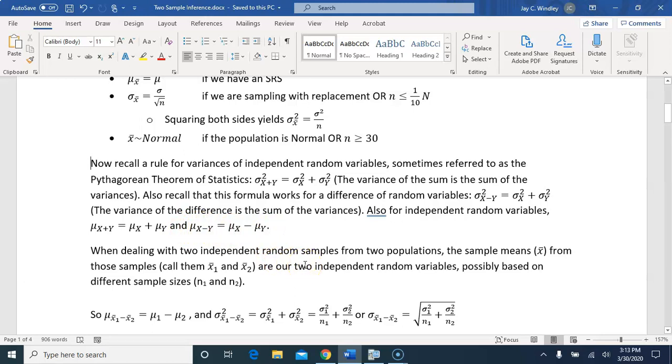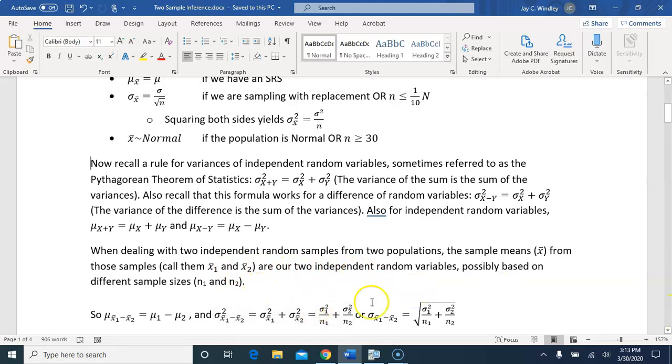So we're going to use that to help us figure out something about the distribution of x bar 1 minus x bar 2. The independent random variables we're going to have here are the x bar 1 and x bar 2, the sample means from our two different independent samples.